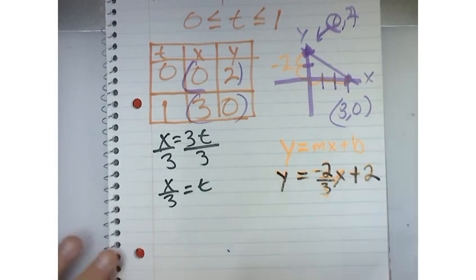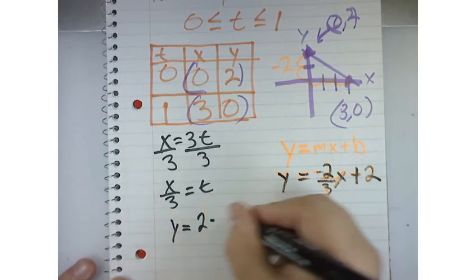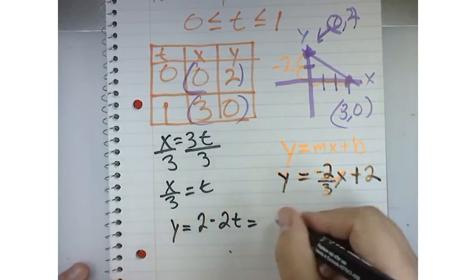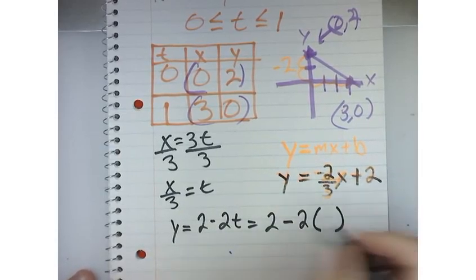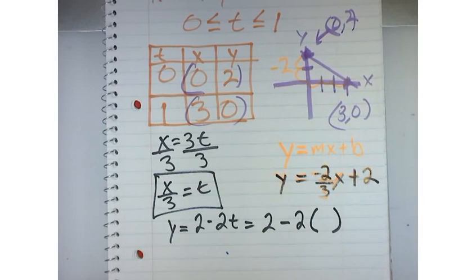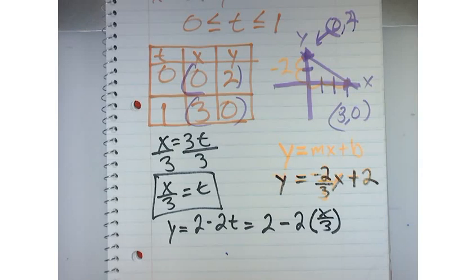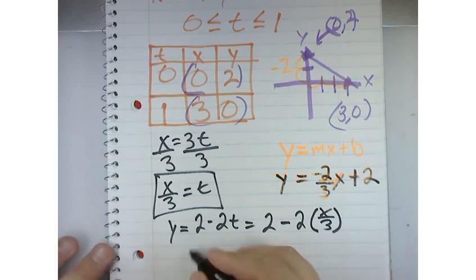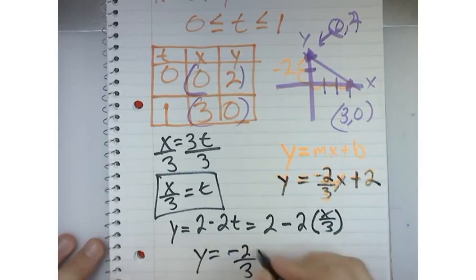If y is equal to 2 minus 2t, then y is equal to 2 minus 2 times the quantity t, but we said that t is equal to x over 3. So I'm going to plug in x over 3 here. Now, if I clean that up, it's y equals negative 2/3 x plus 2.